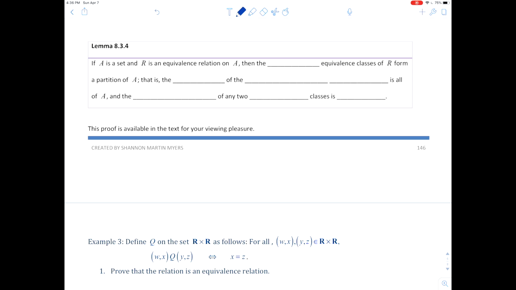If A is a set and R is an equivalence relation on A, then the distinct equivalence classes of R form a partition of A. That is, the union of the equivalence classes is all of A, and the intersection of any two distinct classes is empty.